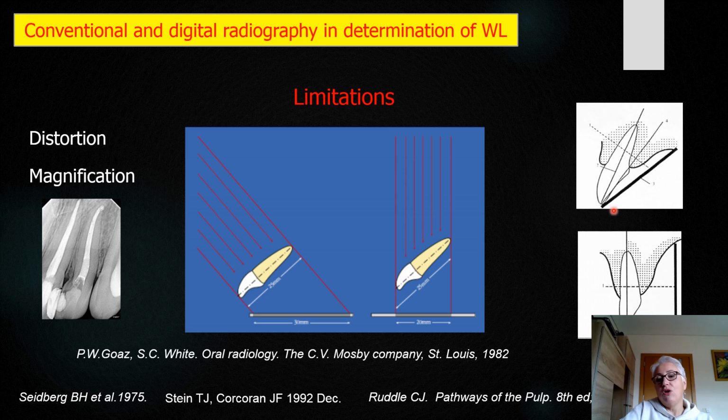It depends on the technique, how you're taking the X-ray, parallel or semi-angled. I suggest you always use the parallel technique, with holders, all the time. In that case, the size or length of your tooth in the X-ray will be approximately the same as in reality.